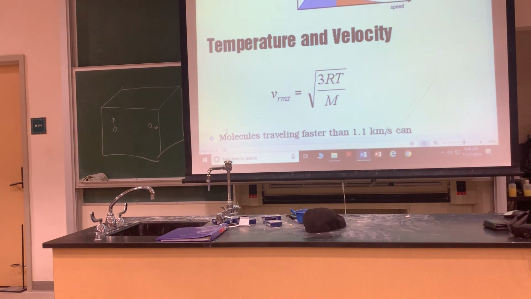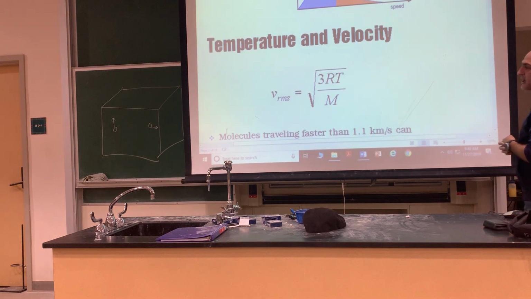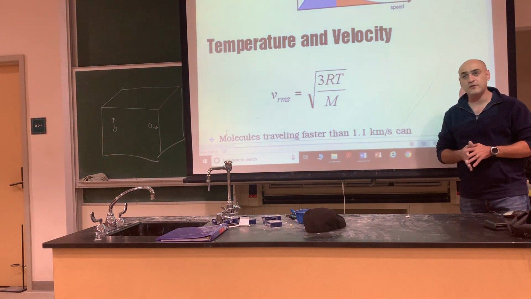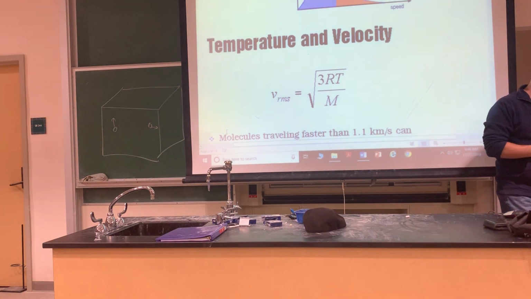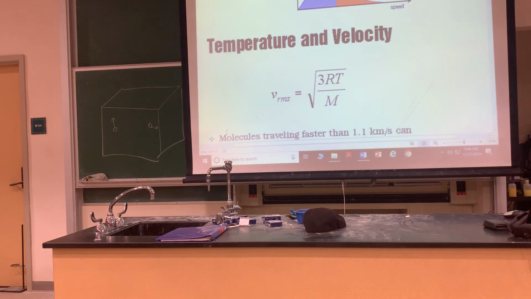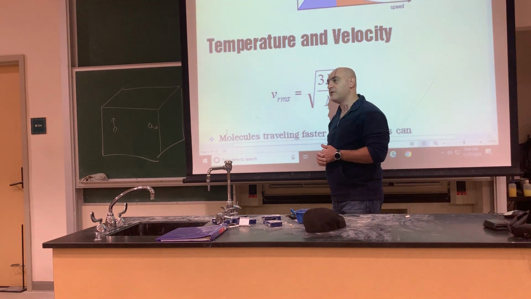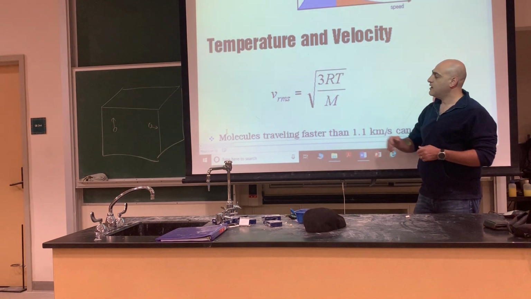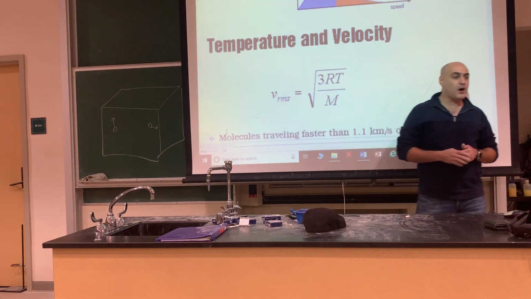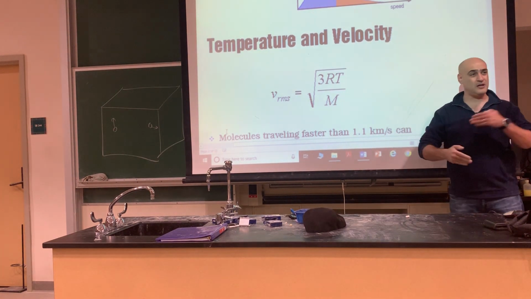It relates to the kinetic energy of the gases, and the kinetic energy of the gases is given by 1/2 mv squared. I could also write the kinetic energy of the gases, for a three-dimensional box, in terms of how it relates to temperature. And so we come down to this equation that shows that the average velocity of the particles relates to the temperature. This is about the kinetic theory of gases.